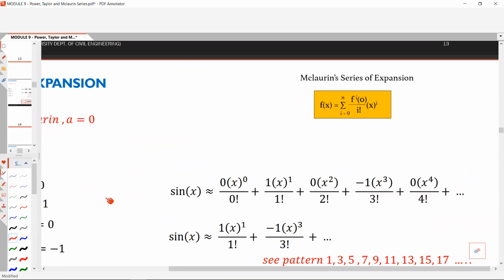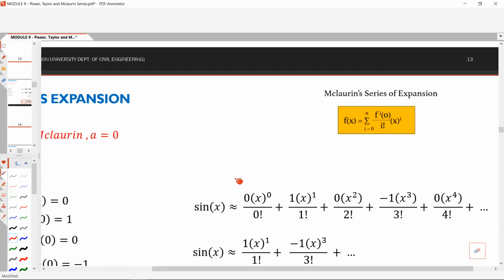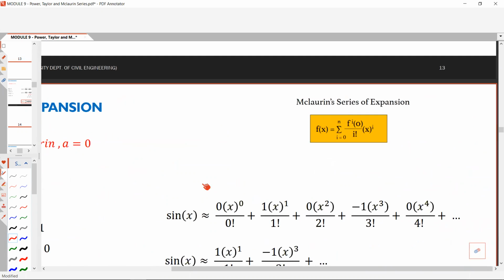Now we put this into the power series expansion. That is f of 0 over 0 factorial x to the 0, and I will no longer write x minus a.